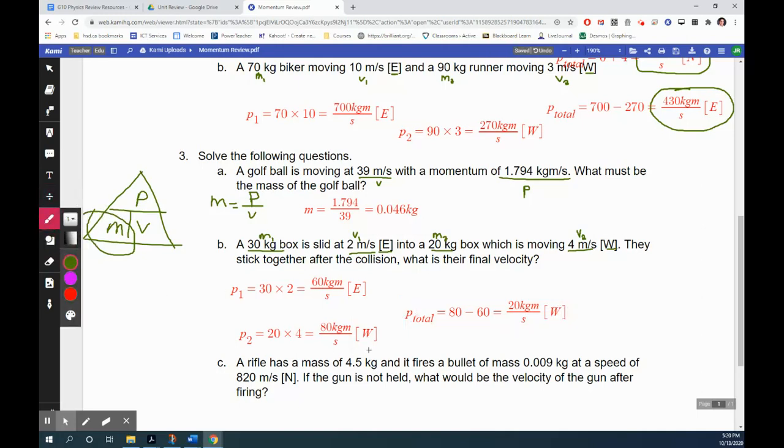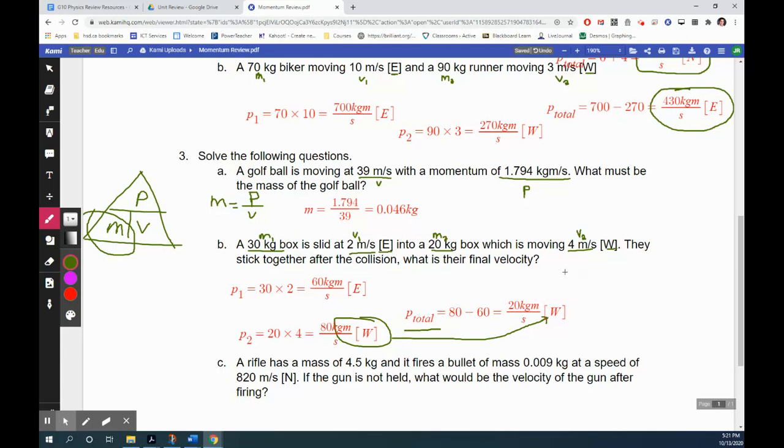So you've got to look here. This bigger one was west, and so that's what we have to apply here. Okay, so we've got our total momentum. Now here's the rule of conservation of momentum. This total momentum going in has to be the total momentum after the collision as well.